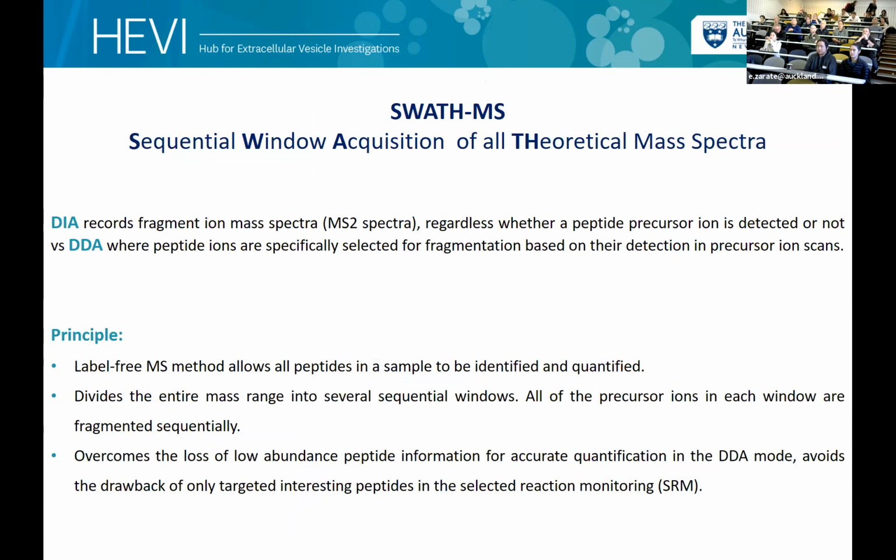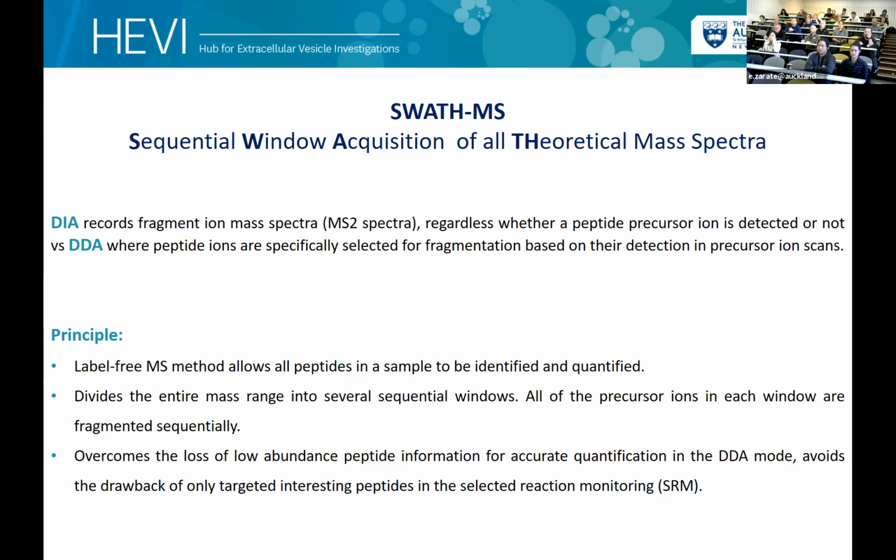or sequential window acquisition of all theoretical mass spectra. This is one of the methods of data-independent acquisition, which means that it records fragment ion spectra regardless of whether their precursor ion is detected or not.